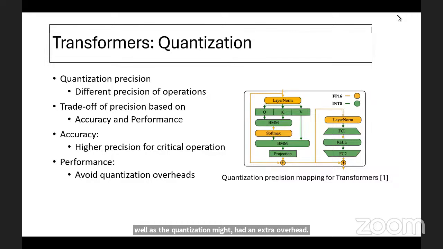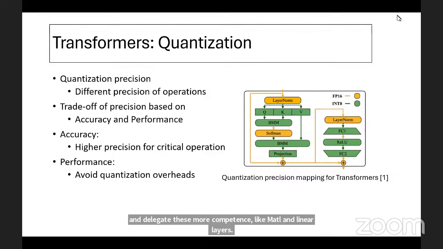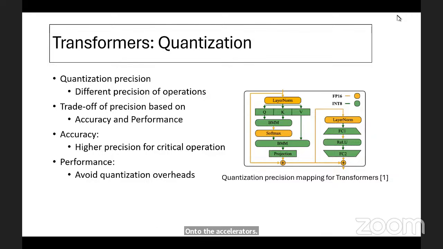So the most popular approach is to quantize and delegate these more compute intense operations like MATMUL and linear layers onto the accelerators, and use the CPU or other floating point processors to do more memory bound operations like the activations and element-wise addition.